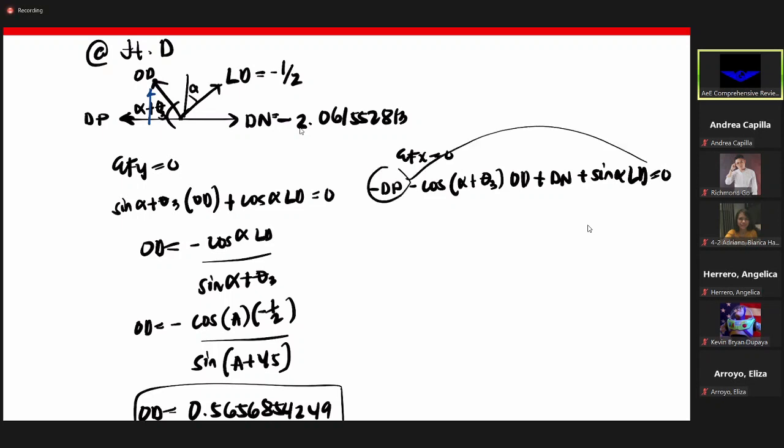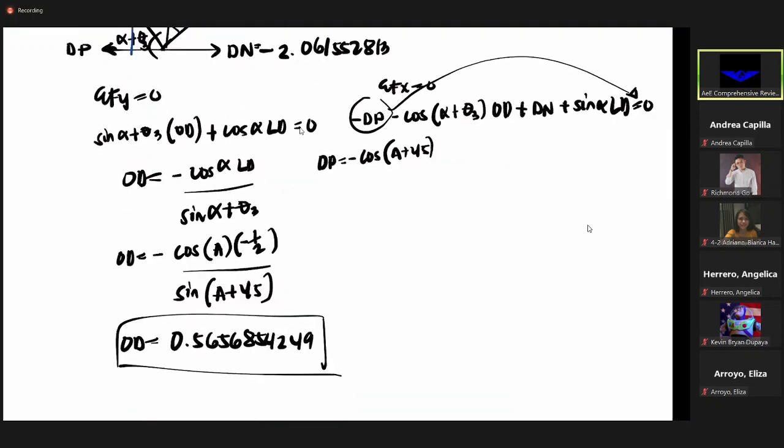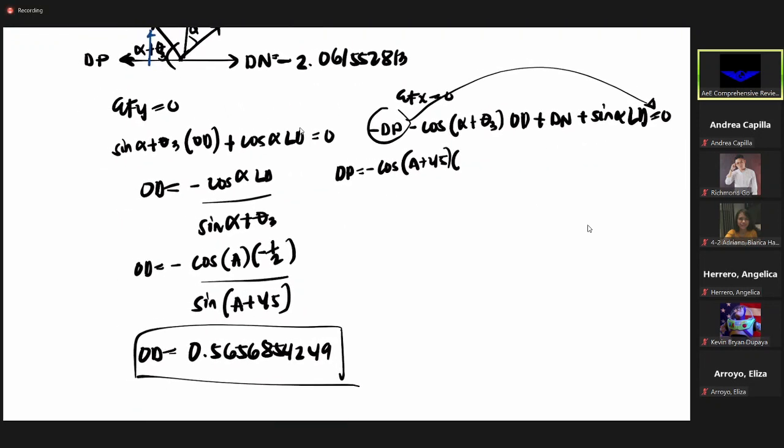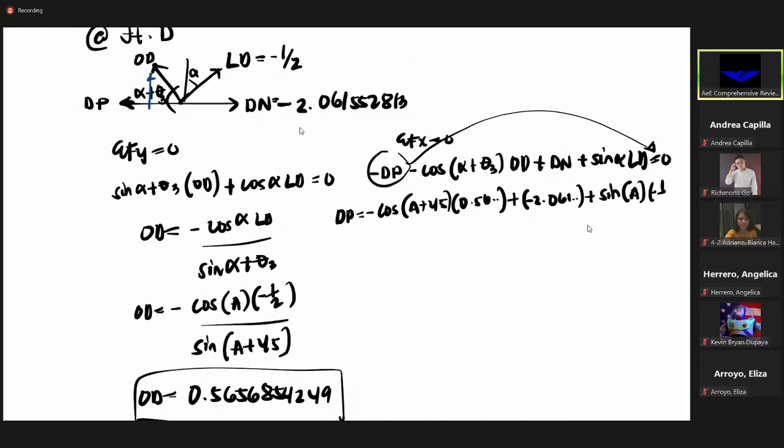Okay? DP is equal to negative cosine store A plus 45. OD natin, ayan guys. So, kompleto dapat. Plus DN, negative 2.061. Kompleto. Plus sine store A LD, negative 1/2.